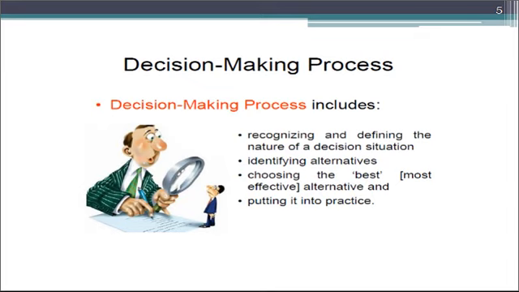Then the second step is, based on the situation, what are the different alternatives available. So the second step is identifying alternatives. Among the set of available alternatives, we have to choose the best one. So the third one is choosing the best alternative.